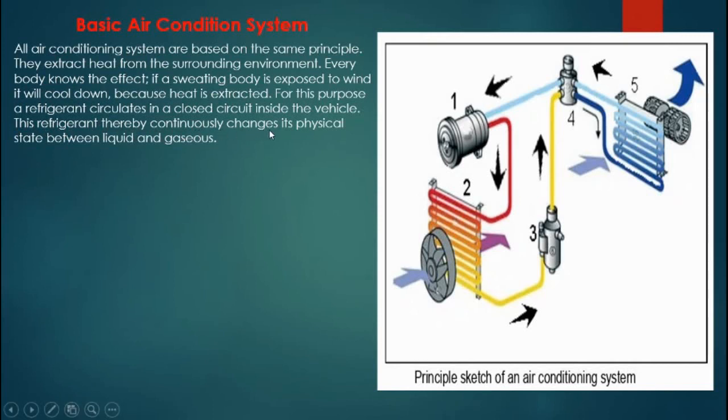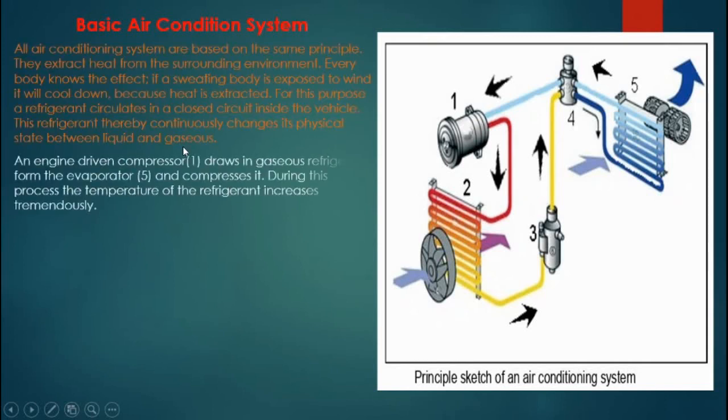It continuously changes its physical state between liquid and gaseous. An engine-driven compressor 1 draws in gaseous refrigerant from the evaporator 5 and compresses it. During this process, the temperature of the refrigerant increases tremendously.